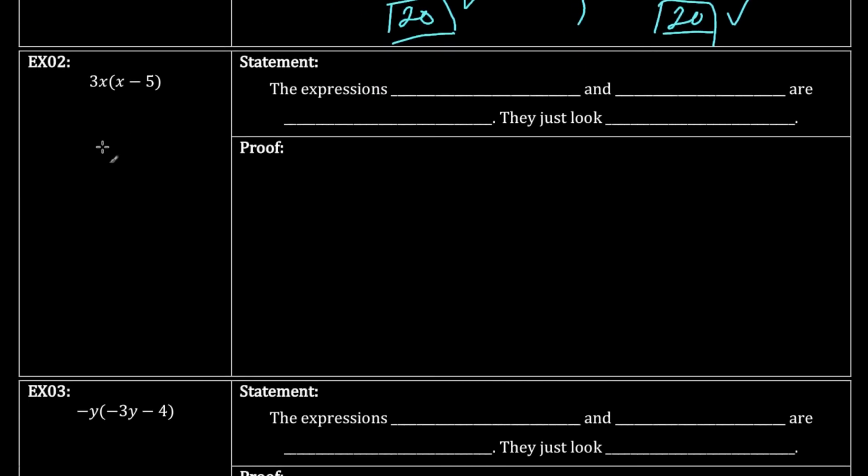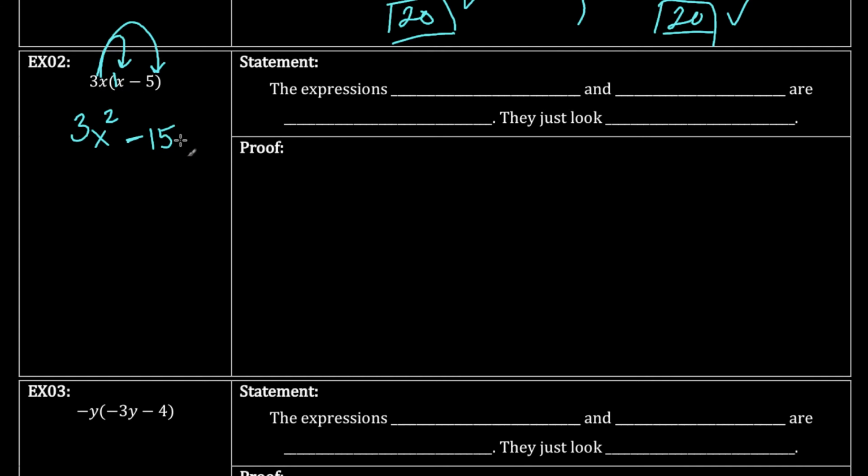Let's do it again. This expression says 3x times x minus 5. A positive times a positive is a positive. 3 times 1 is 3. X times x is x squared. We're good with that one. A positive times a negative is a negative. 3 times 5 is 15.